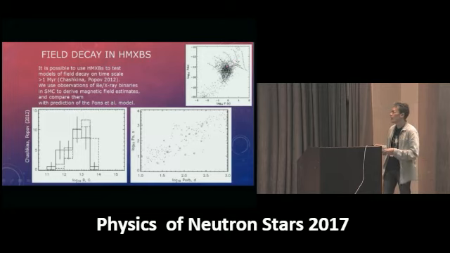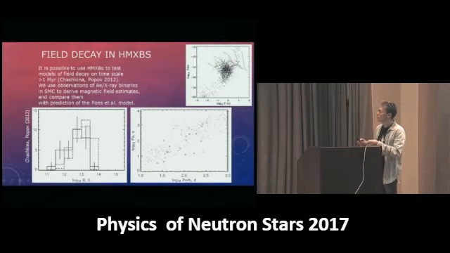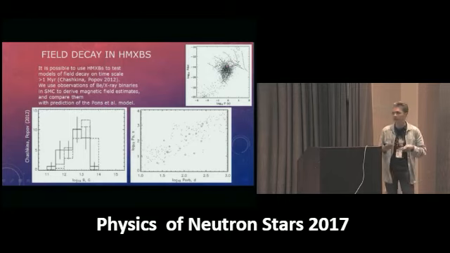So, on the left figure, you see it. We start with something shown with a dashed line, then the magnetic field evolves, and it comes to the distribution shown with a solid line, so you don't have a high magnetic field contribution, and the crosses show what comes out from the data on high mass X-ray binaries. So there is nice correspondence.